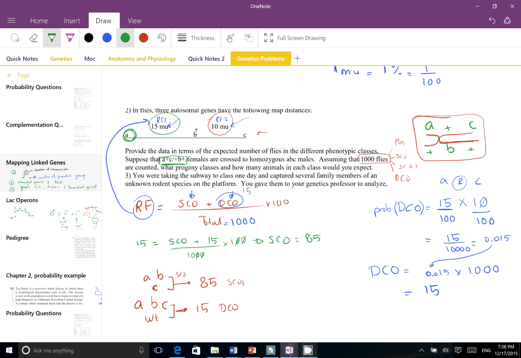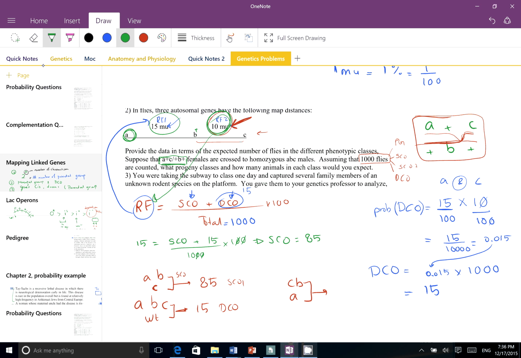For this one, it's for the distance between C and B. So when C is the one undergoing the crossover, I'm going to get CB, and the other one is going to be A plus plus, so it's A. This is my other single crossover, and the number for this single crossover is found by substituting this in the equation right here.